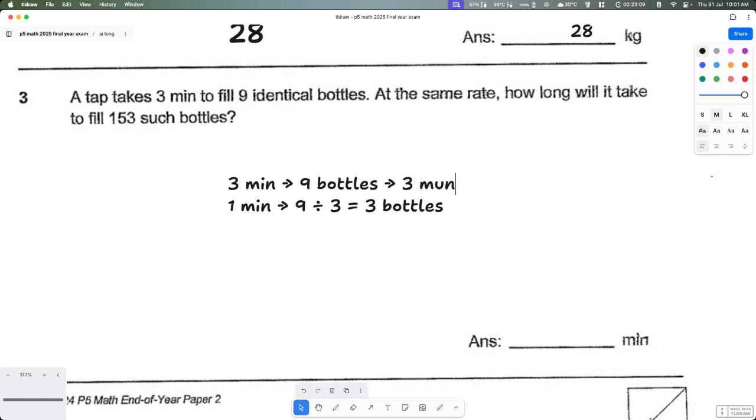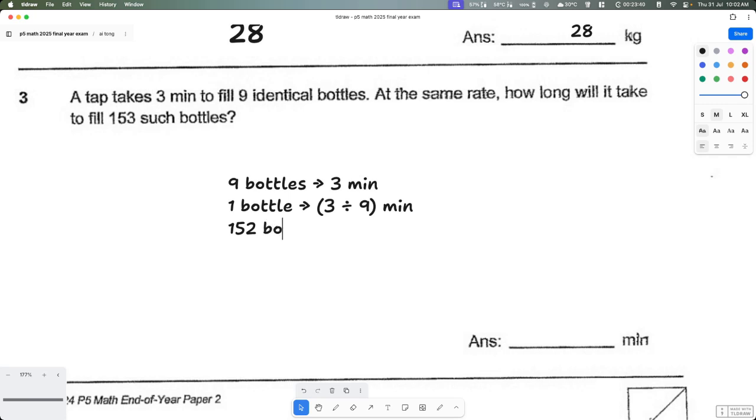So we have 9 bottles over here, and then 1 bottle will just be 3 divided by 9. We'll just put it as brackets because I don't want to calculate this first. Minutes, then 153, so we just swap the three over here.